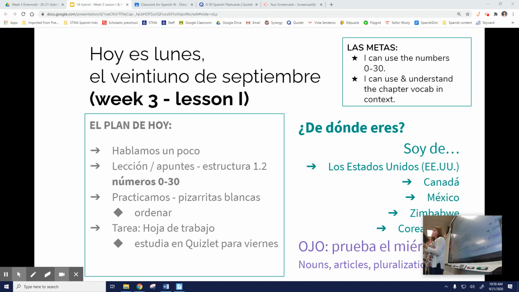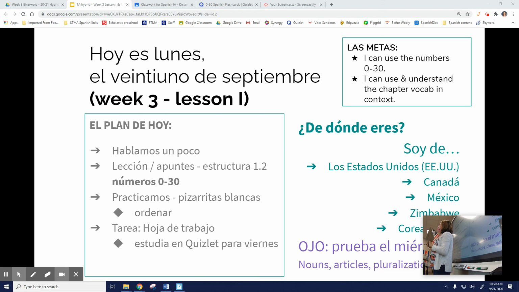Escribe, por favor, el número 22. Sí. Escribe, por favor, el número 13.